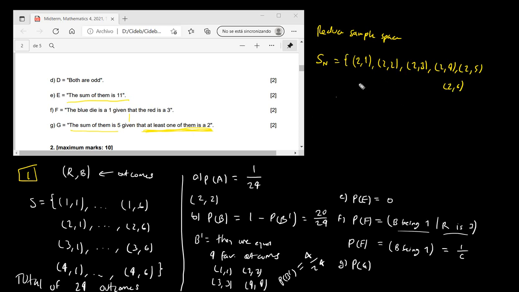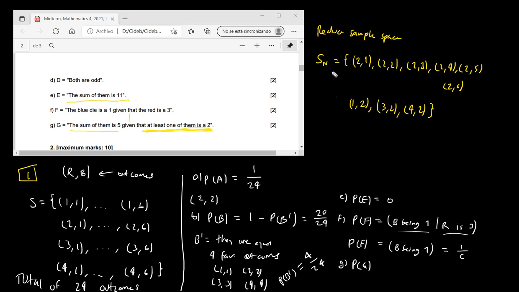And also now let's suppose that the blue, which is the second number, is a 2. So I should have this 1, 2. And then don't include the 2, 2 again because I have already counted that possibility here. So bypass this one and jump to this one, 3, 2. And then 4, 2. And I stop right here because remember that the red die, which is the first number, cannot be greater than 4. And that's it.